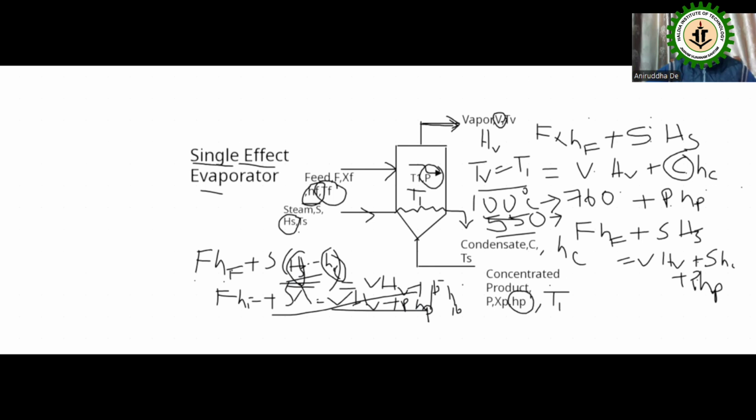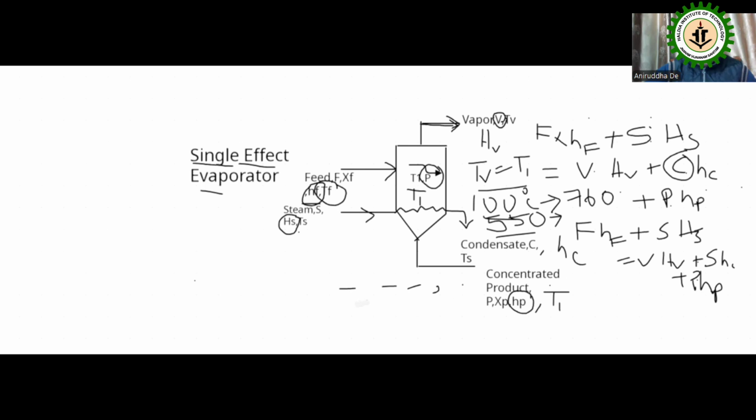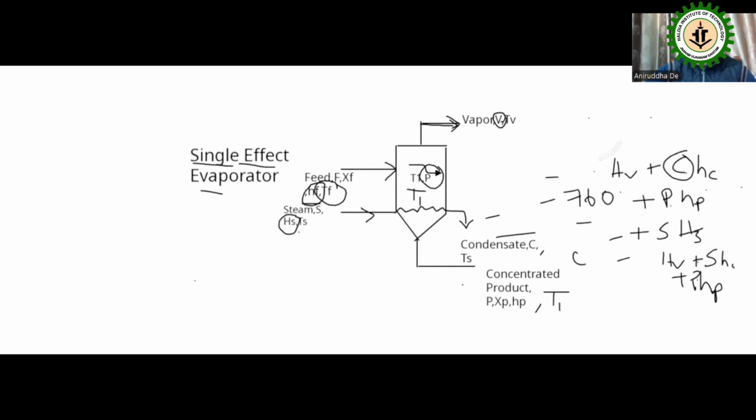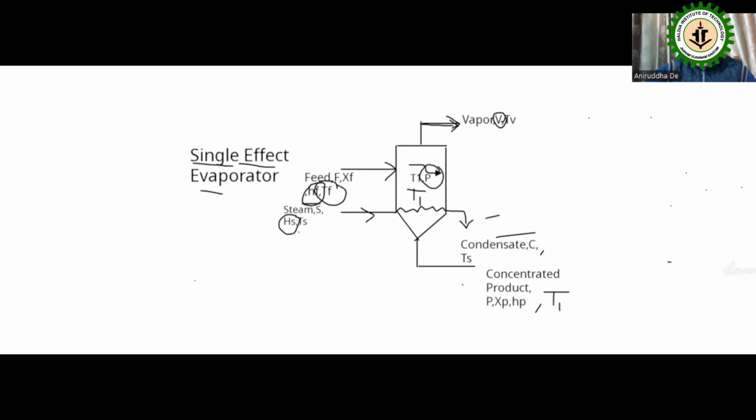This is applicable for salt solution, sugar solution, mainly salt solution, such as sodium salt, calcium salt, magnesium salt. This boiling point elevation can be calculated by Duhring's formula, or from a boiling point elevation chart.